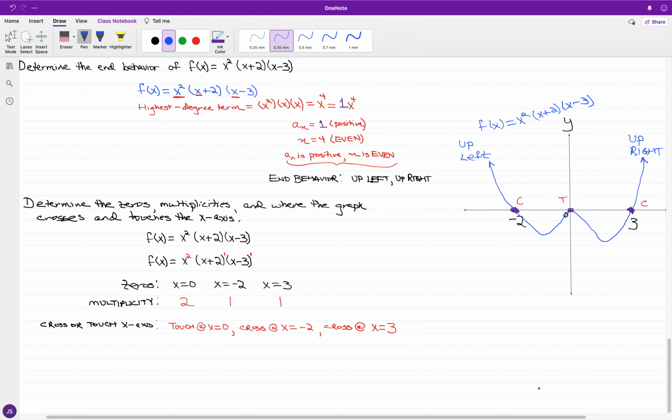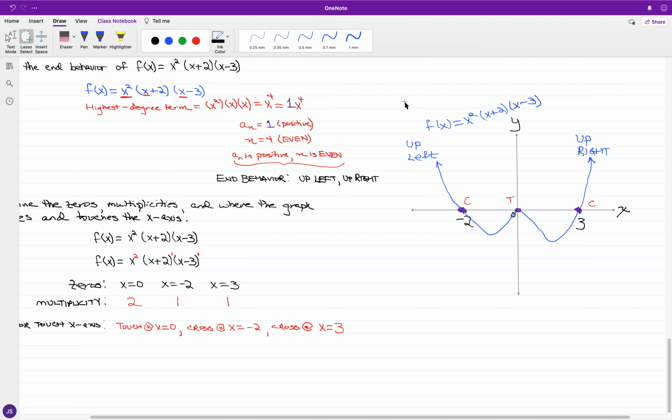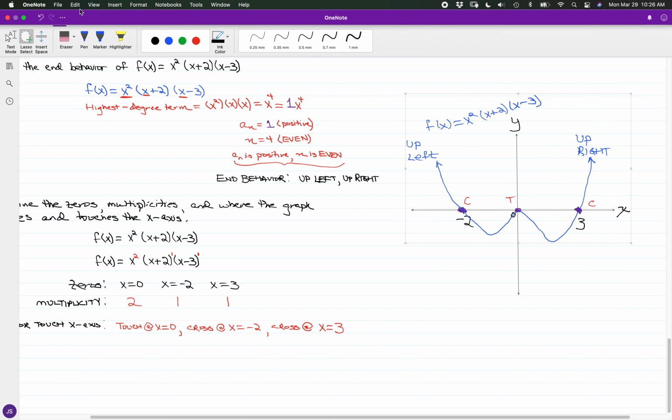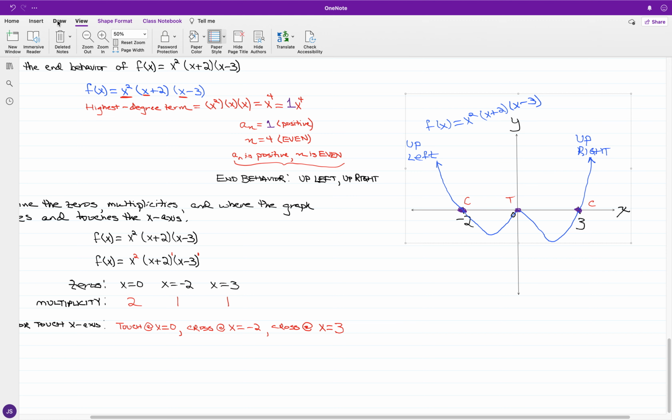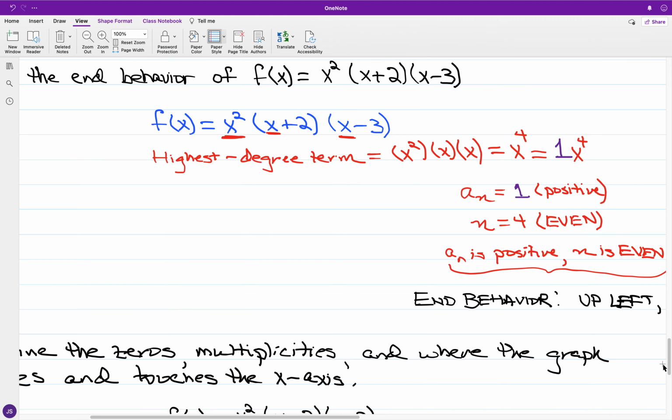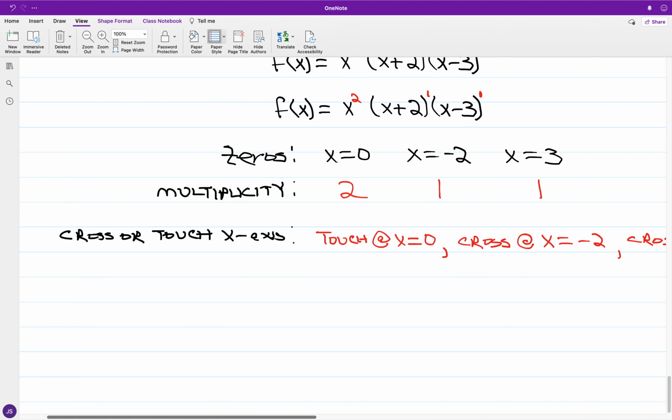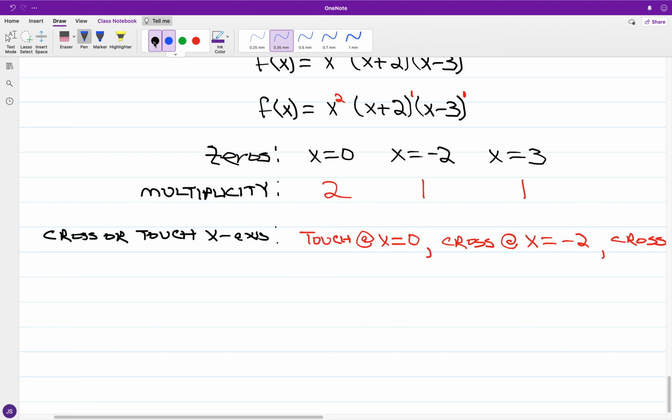Okay, and I think I'll copy this. So again, we have f of x equal to x squared times the quantity x plus 2 times the quantity of x minus 3.